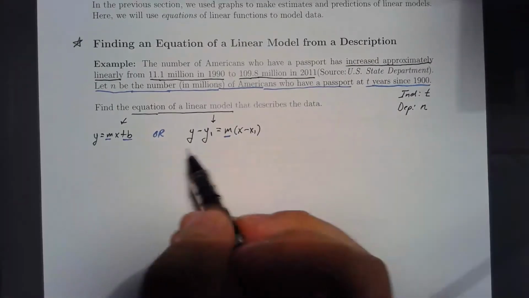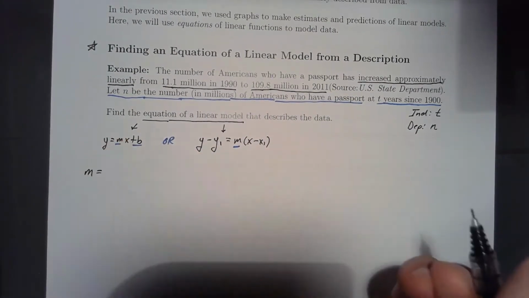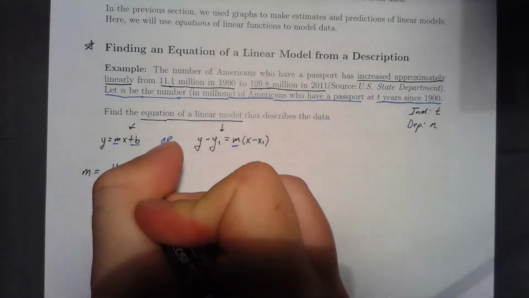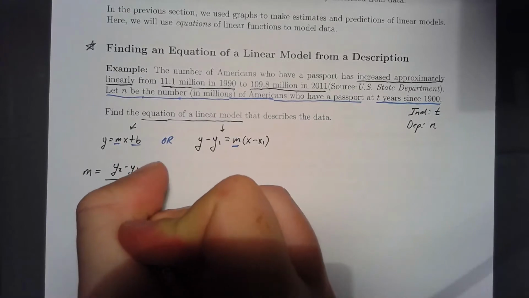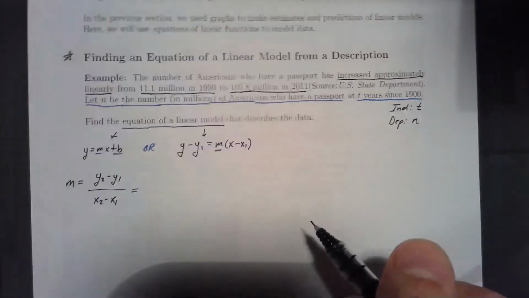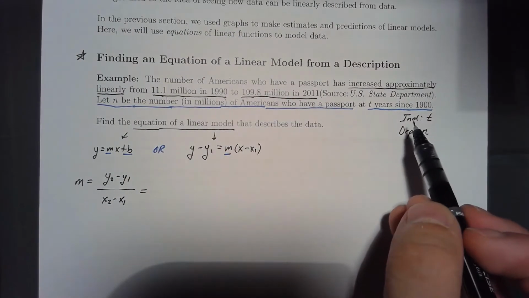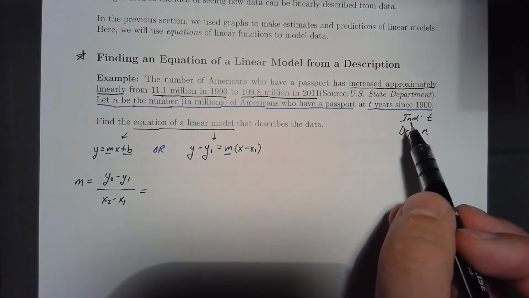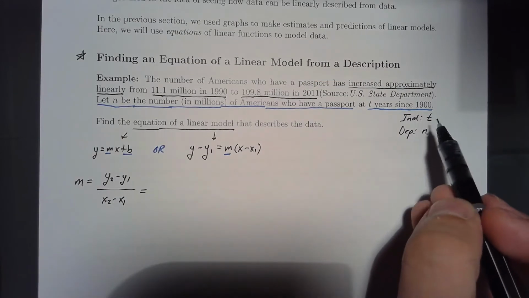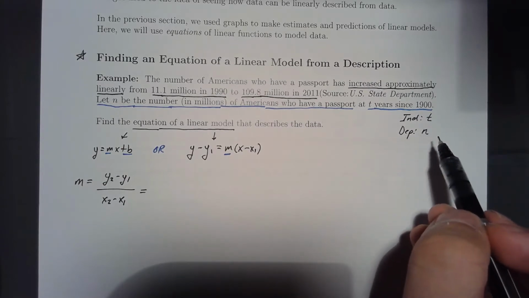All right, I'm going to need a slope. So how do I find the slope? Well, that's this formula, y2 minus y1 over x2 minus x1. Now, in this problem, like I said a moment ago, the independent variable, which is typically x, we're treating as t, and the dependent variable, which is usually y, we're treating as n.